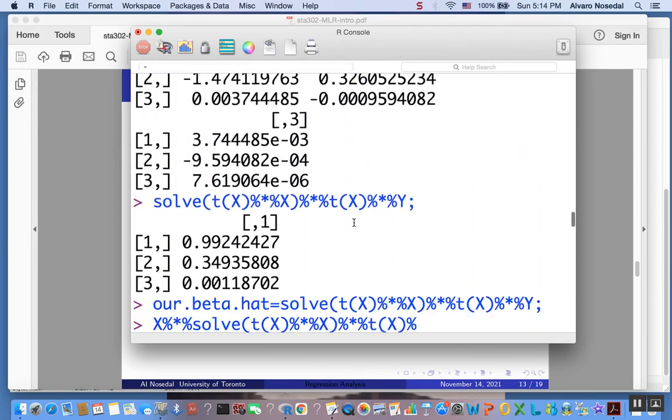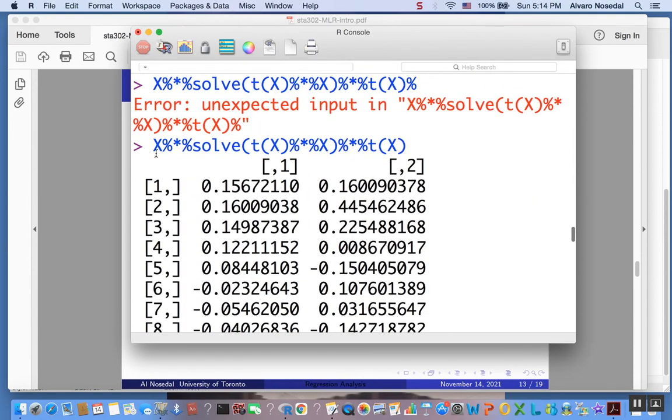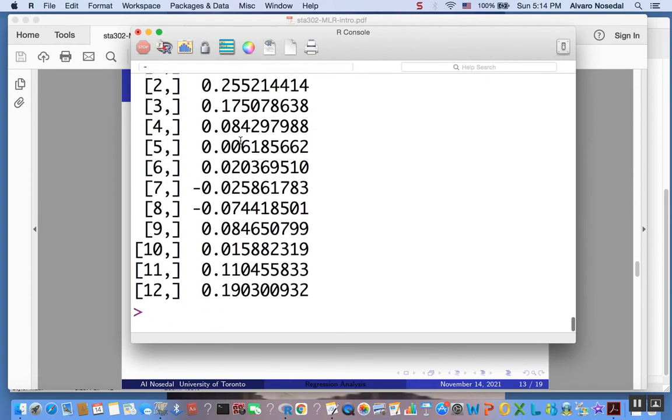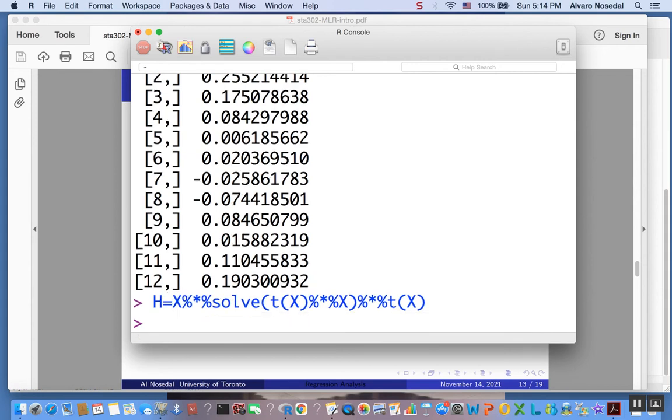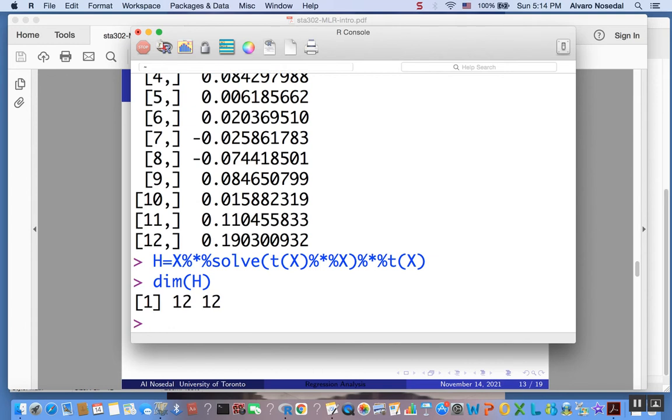Nice. So let me save that in an object that I'm going to be calling H, naturally. Just let me show you something. If we did everything well, we know that this should be a 12 by 12 matrix. So yeah, the dimensions of H check out.